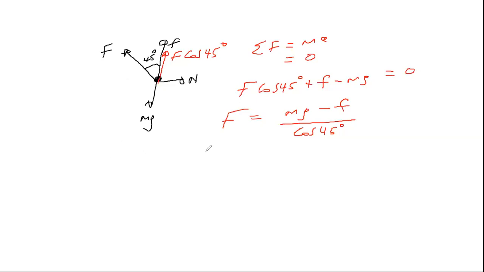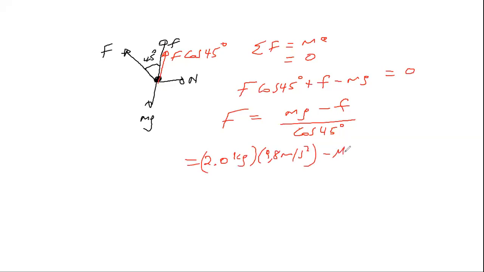Let's just substitute what is given. The mass is given: 2.0 kg times g, which is 9.8 meters per second squared, minus friction.